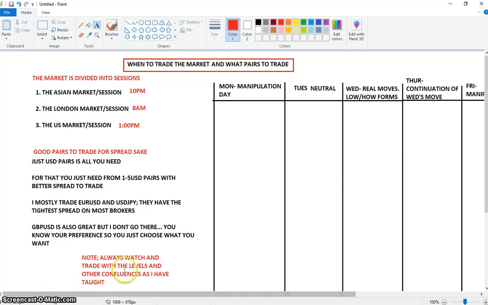Always watch levels. This is a side note. Always trade with the levels and other confluences, as I have taught already in this material. Always make sure you are trading with confluence. Understand that levels are the foundation of technical analysis: support and resistance levels, those double zeros levels and sweet spot levels I told you.